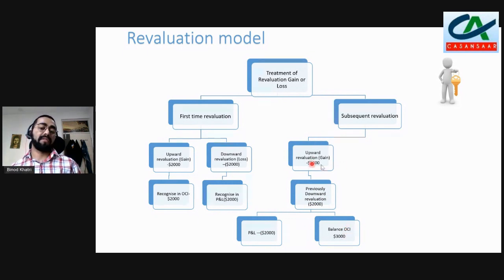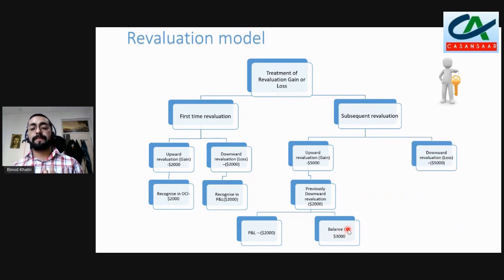This is also simple. In case of subsequent upward revaluation with a 5,000 gain, we need to check the prior year treatment. If there was a previous downward revaluation of 2,000, then an equivalent amount, 2,000 out of 5,000, is charged under the profit and loss account, and the remaining balance is recognized in OCI, other comprehensive income.